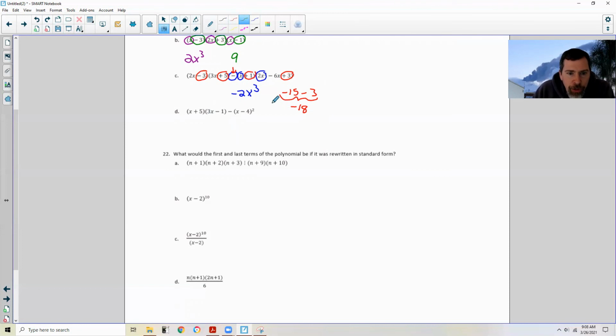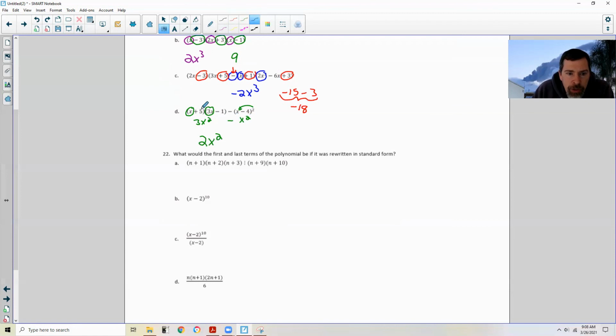All righty, so here I'm just going to focus on this here. This 2 has to go here. So it would be FOIL, it would actually come out to be x squared minus 8x plus 16. I only need the first term, which would be x times x. This will give us an x squared. And over here, I have an x times 3x, which would be 3x squared. So 3x squared minus x squared will give us a first term of 2x squared.